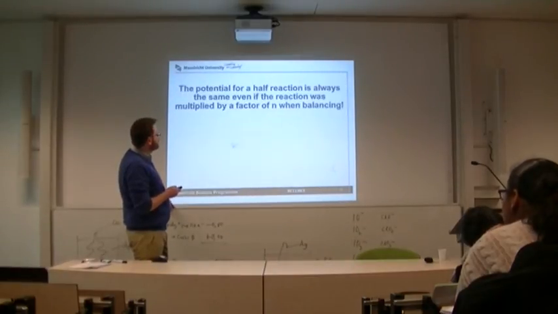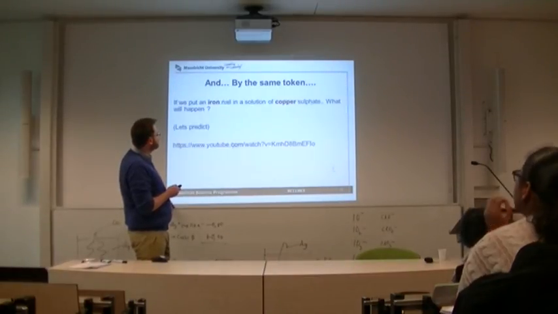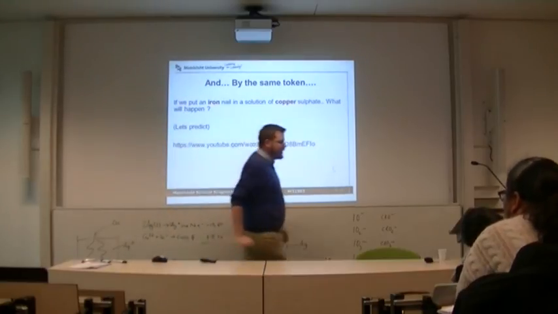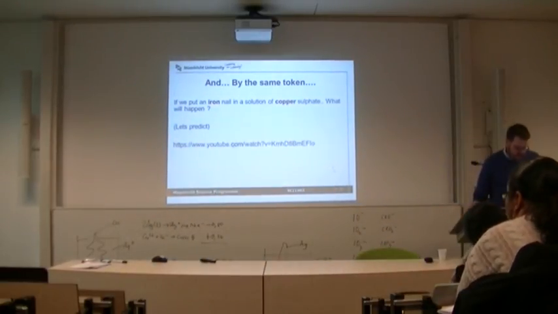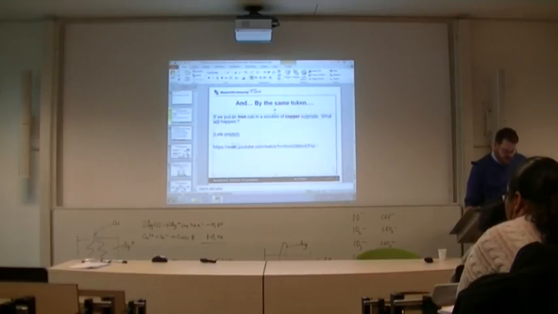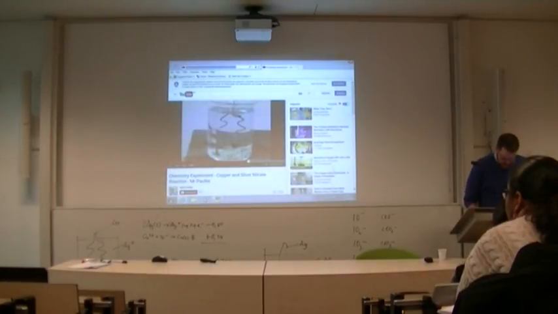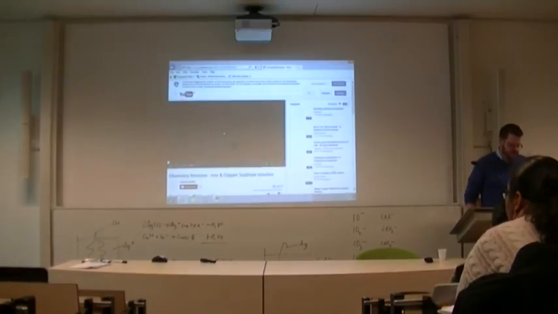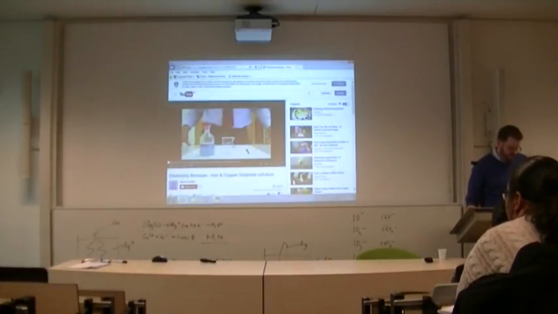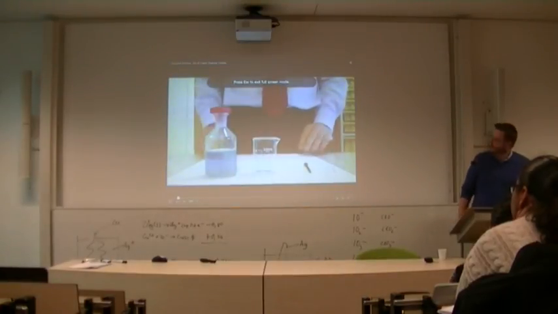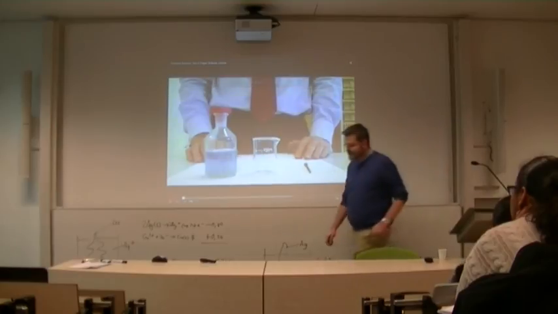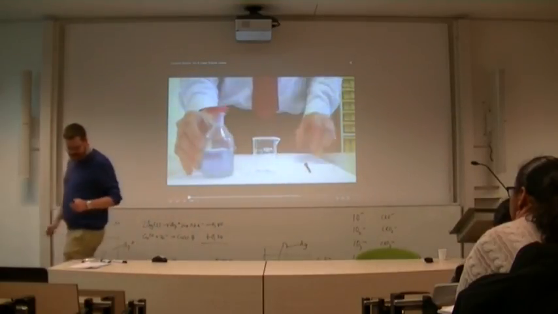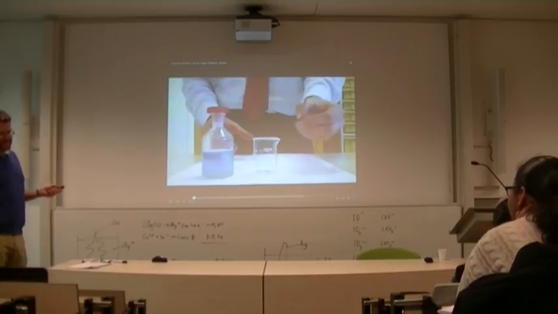I want to just show you one further example of this, which I think is very interesting. Here we have the example of an iron nail put into a copper sulfate solution. This is also cool. So, you can clearly see that it must be a high school teacher doing this, because no chemist wears a tie and a suit, right?